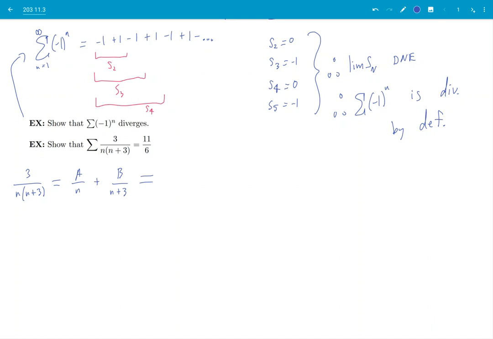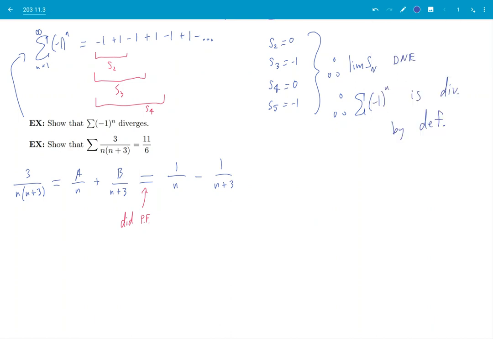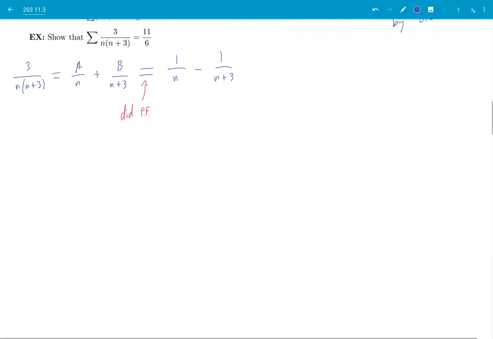I'm not going to show my work, but I'll actually get this. As a note, I'll just put, I did partial fractions. So this helps us, I promise.